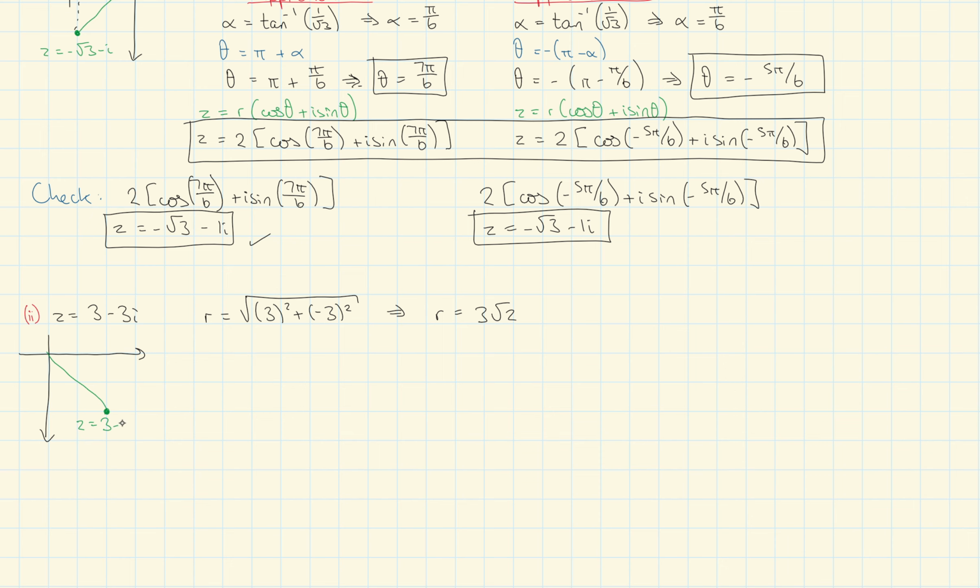So we have 3 minus 3i. There's our 3 and 3. And so for here now, I will take approach 1 for this example. So that's theta equals 2 pi minus alpha. So alpha is tan inverse of 3 over 3. So we get pi over 4. So then theta is equal to 2 pi minus pi over 4.